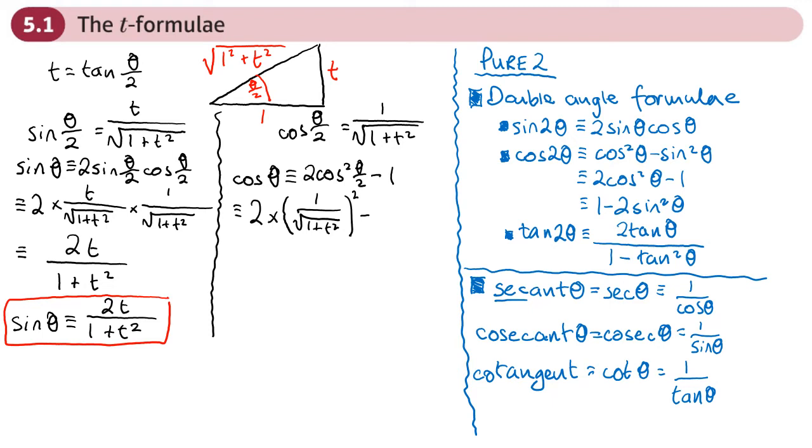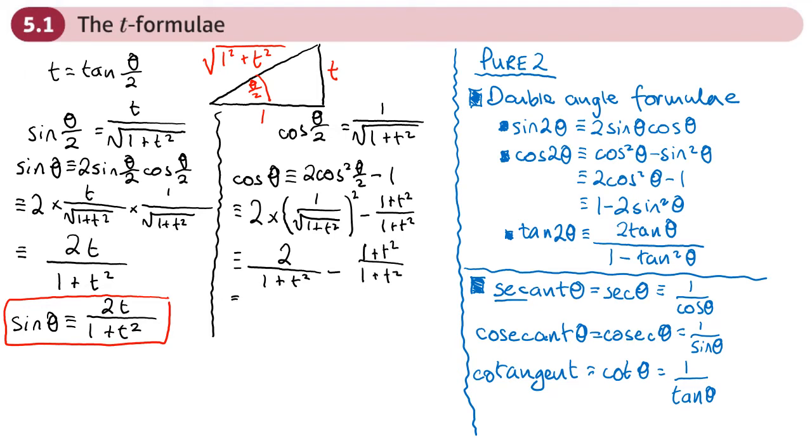Now, since I want to put this all together, I'm going to write 1 as 1 plus t squared over 1 plus t squared. Because when I square this out, I'm going to get 1 plus t squared in the denominator, and that will allow me quickly to put them together. So I will end up with 2 over 1 plus t squared, once that gets squared and you times it by 2, take away 1 plus t squared over 1 plus t squared.